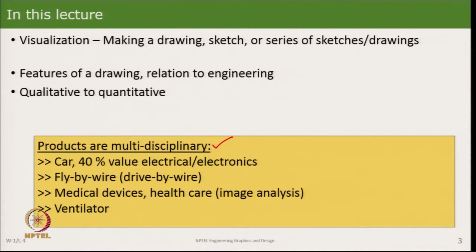A modern car has 40% of the value as electrical and electronics items, and currently we are in a situation where the shortage of chips is hampering the manufacturing of cars. The second example of multidisciplinariness is, say, fly-by-wire, which is the technology now for almost all aeroplanes.